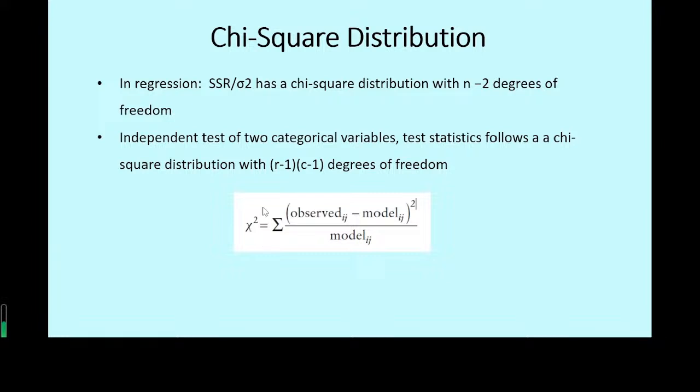The chi-square test statistic calculation has this form: the summation of the observed count minus the model expected count, squared, divided by the model expected count, summed over all the elements in the table.